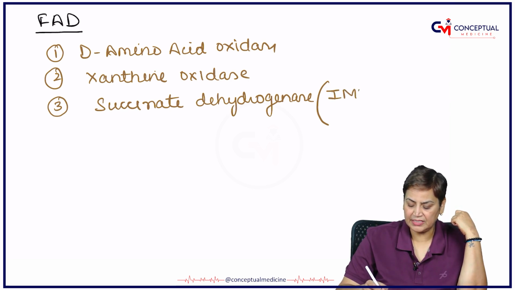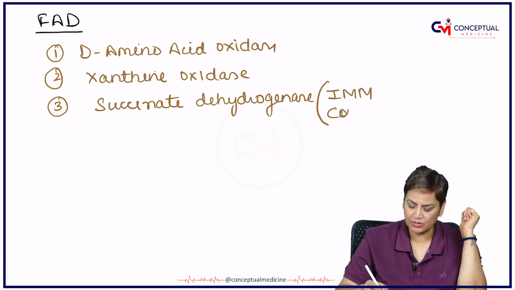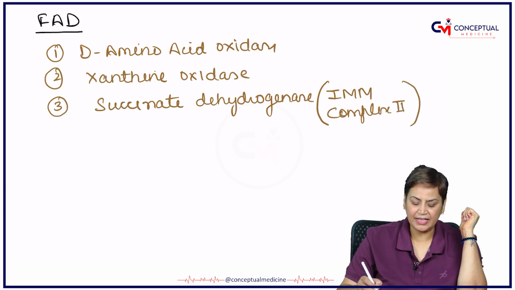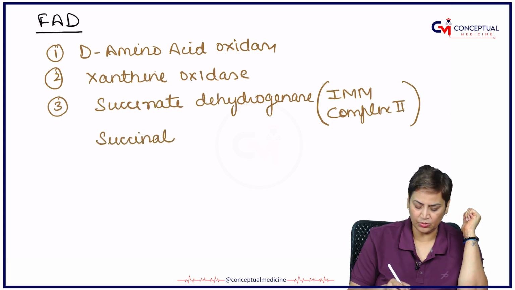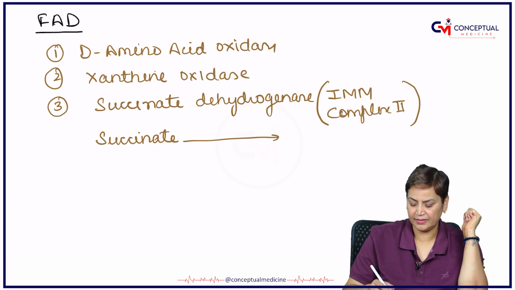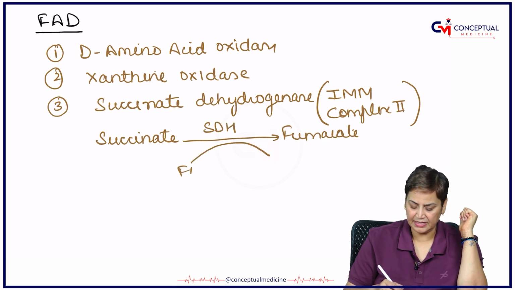You can say that it is the only enzyme of the TCA cycle present on the inner mitochondrial membrane, and it is of complex 2, and it has a very low redox potential. The reaction is succinate converted into fumarate, and SDH, as I have written the name of the enzyme, and FAD is converted into FADH2.